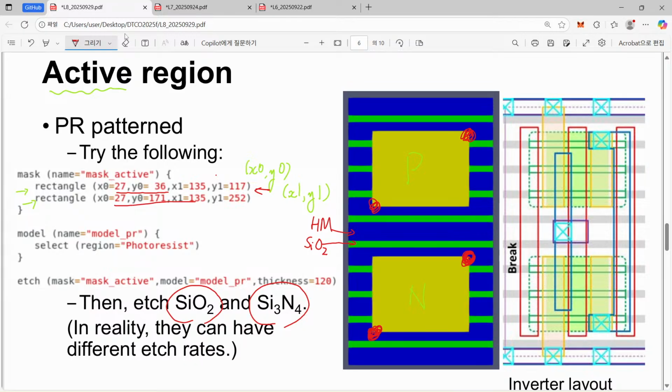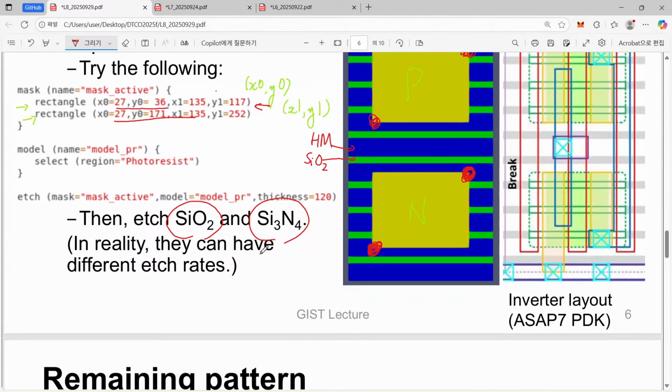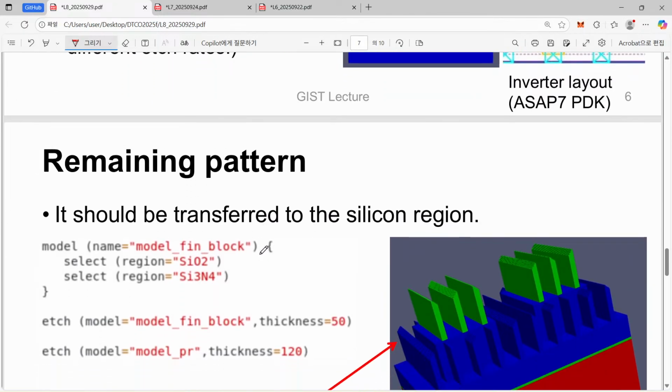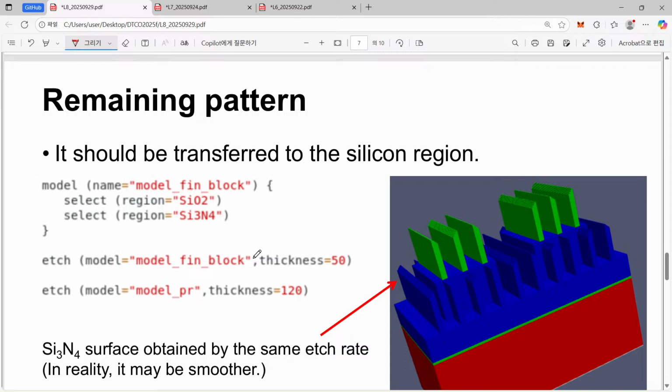So then what we can have in this case is like this. Please have a look at this one. In this case, I made a quite strange assumption. Our photoresist is not affected or not etched entirely. No damage on our PR. So where is the active region? This one is the active region for NMOSFET, and this one is the active region for PMOSFET. They are perfectly kept.